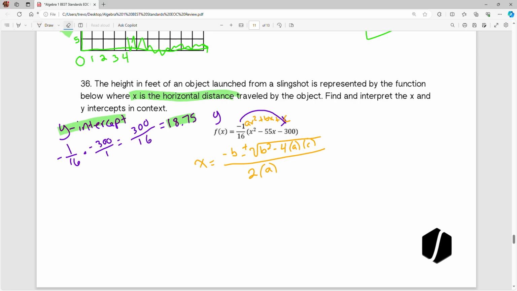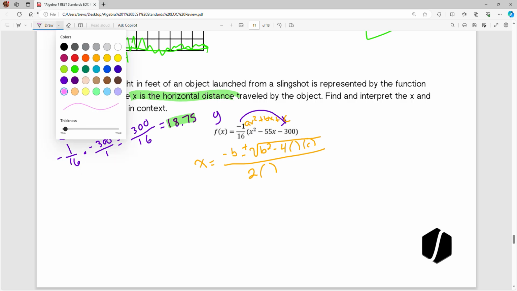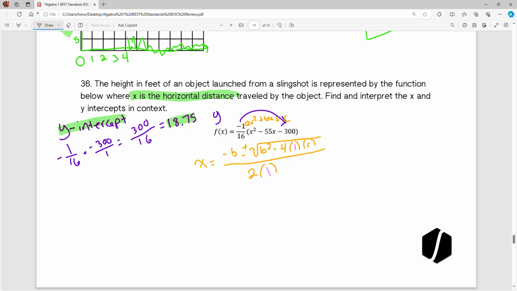So I'm going to erase where I see an a and plug in a 1. And where I have b, I'm going to put negative 55. So that's minus negative, so that's positive 55.